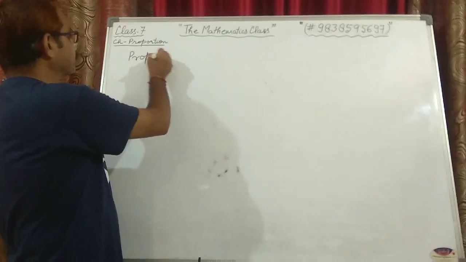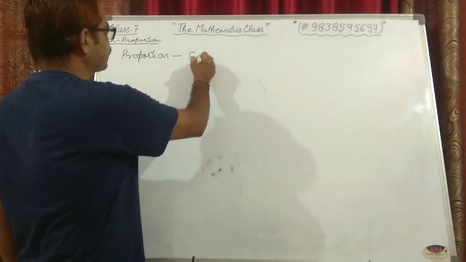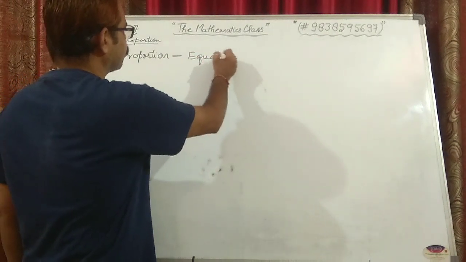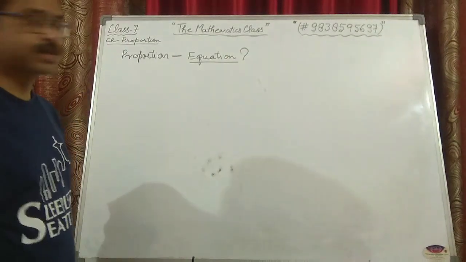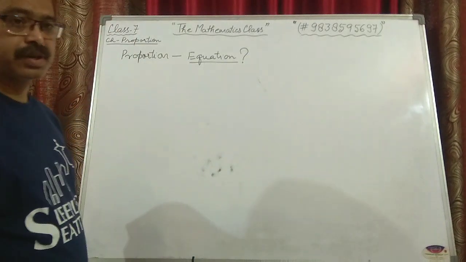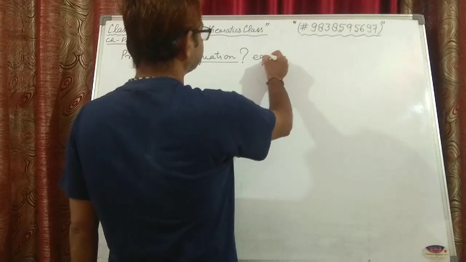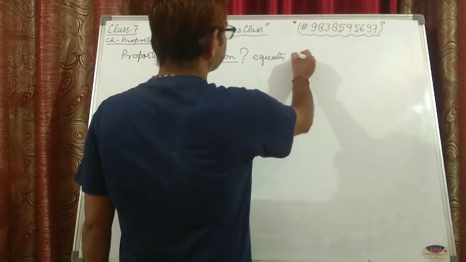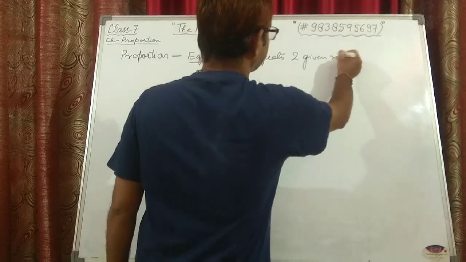What is proportion? Proportion is an equation. What type of equation? Proportion is an equation which equates two given ratios.